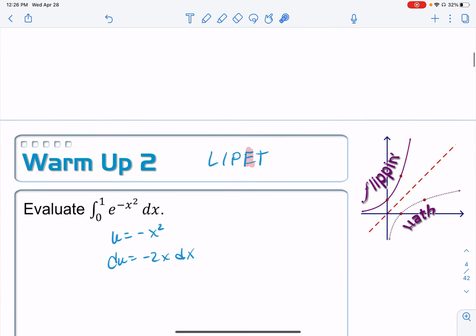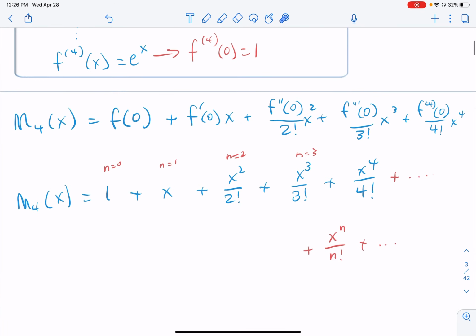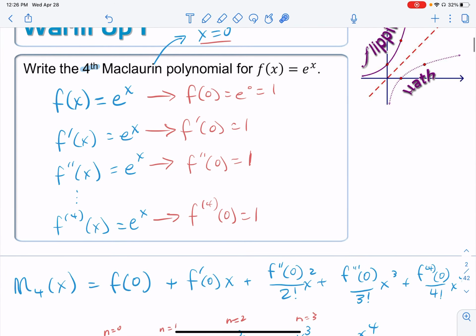So if I go back over here, remember that we had ourselves a Maclaurin polynomial, fourth degree, for e to the x. I should be able to do some sort of composition on this thing to get e to the negative x squared. Whoops, no, that should be a negative x. There we go.